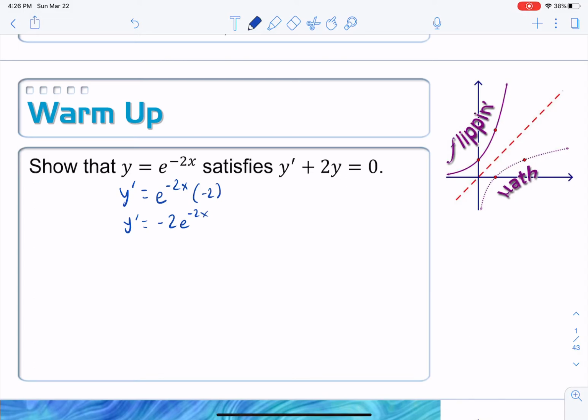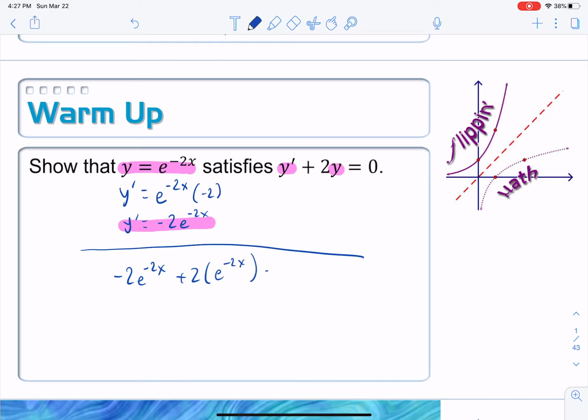Okay, now I'm going to take this as the derivative, stick it in there, take this as y and stick it in here, and it should equal 0 when I'm all done. So y prime is negative 2 e to the negative 2x plus 2 times my original y, which is e to the negative 2x, and indeed that is equal to 0, which means that this is a solution to this differential equation.